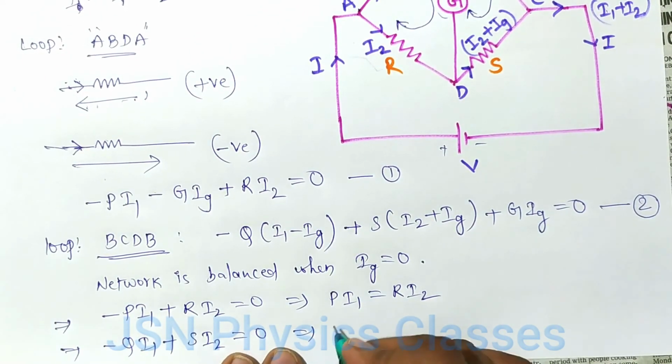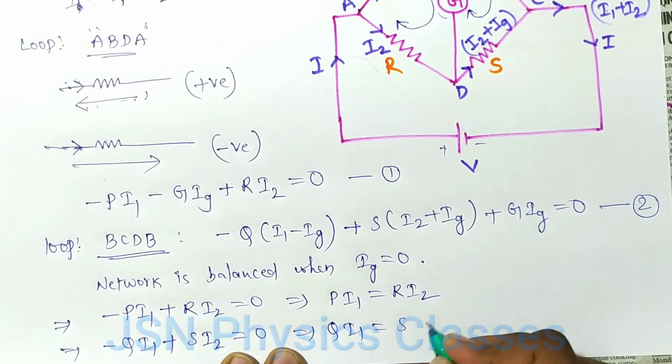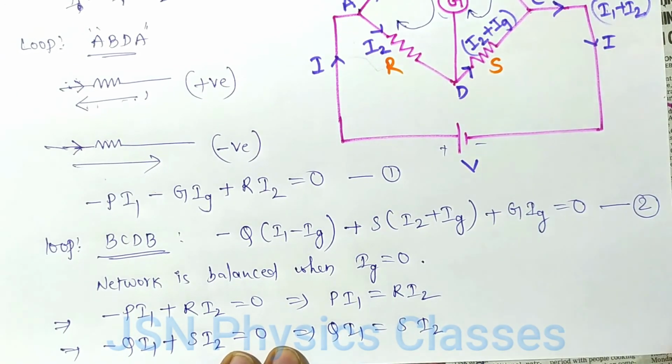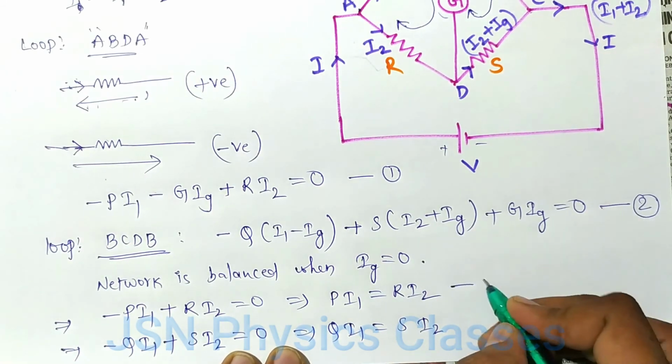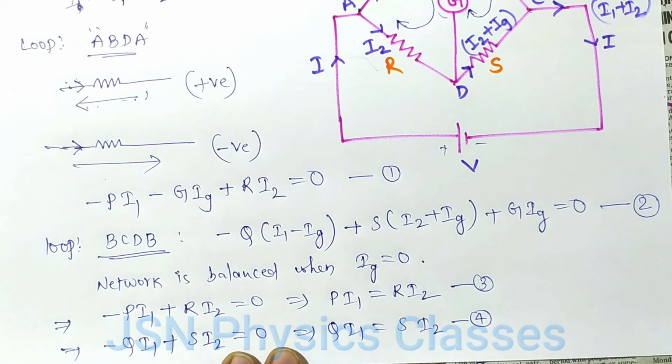So I can write P I1 is equal to R I2. Similarly, here galvanometer current Ig is 0. So minus Q I1 plus S I2 is equal to 0. So I can write Q I1 is equal to S I2. See, this is equation 3 and equation 4.